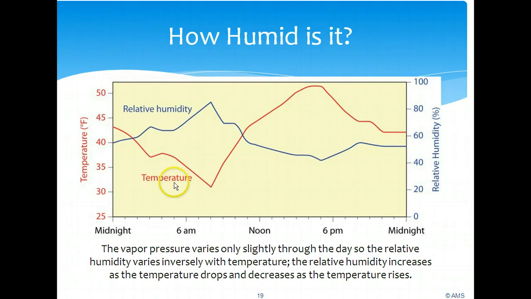Relative humidity is highest when the air temperature is the lowest, and lowest when the air temperature is the highest. So after sunrise, as the air warms, the relative humidity begins to drop because the saturation vapor pressure increases as the air temperature rises.